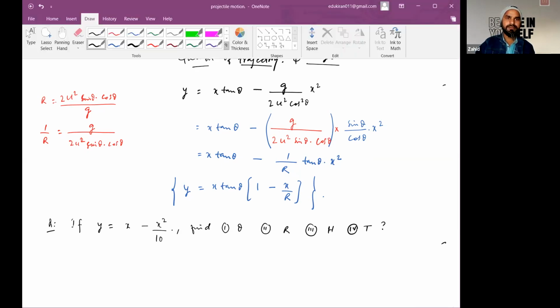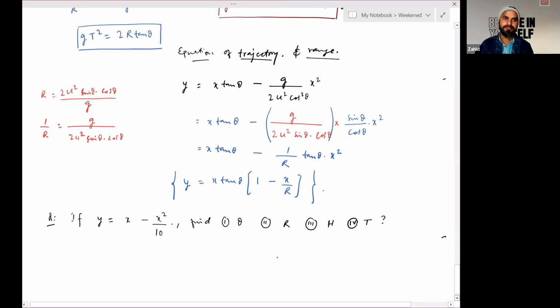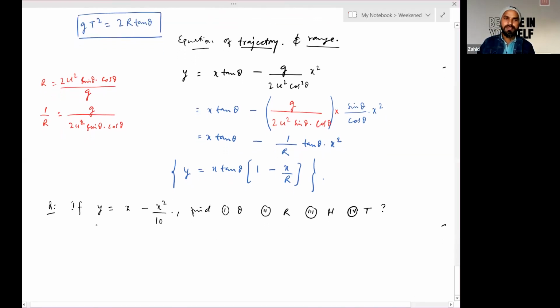I'm giving a relation. Since in this part we have y is equal to x minus x square over 10, first of all, try to take out x as common. So it will be y equals x times (1 minus x divided by 10).